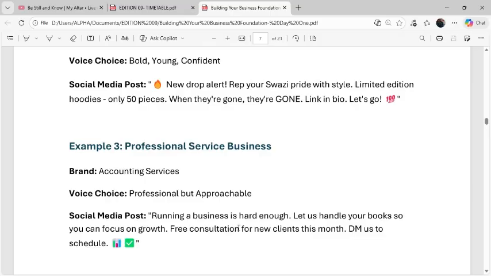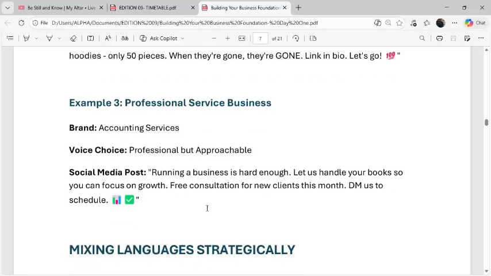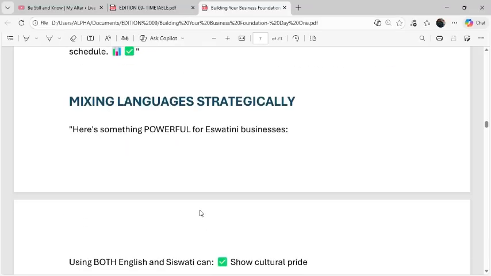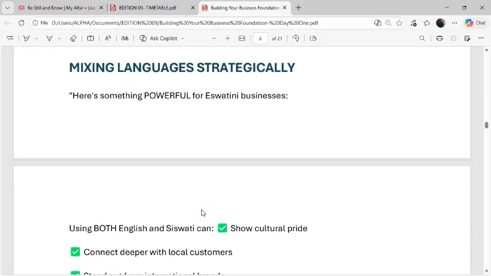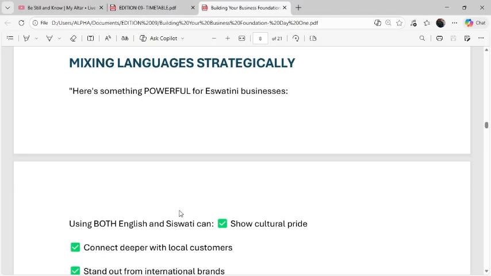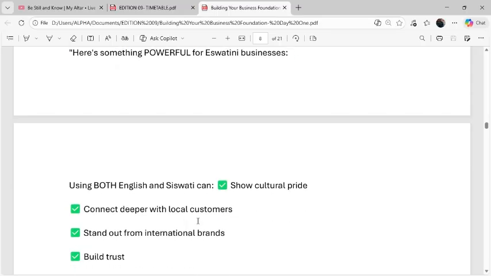Now, it is very important to mix your languages strategically. You have to make sure that you are able to mix these things strategically, guys. You can use both English and Siswati. You can use cultural pride. You can connect deeper with your local customers, stand out from international brands, and build trust.